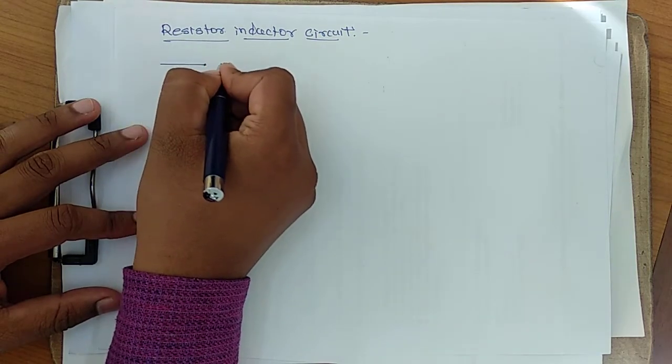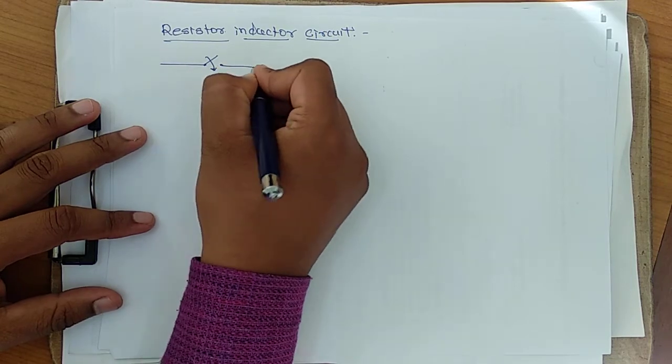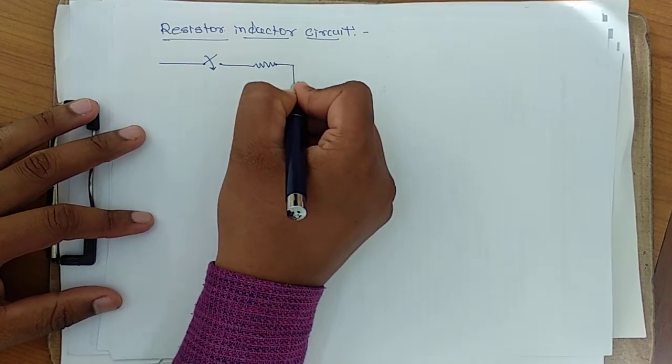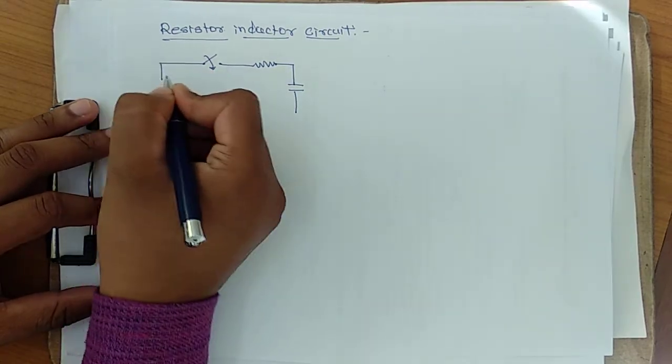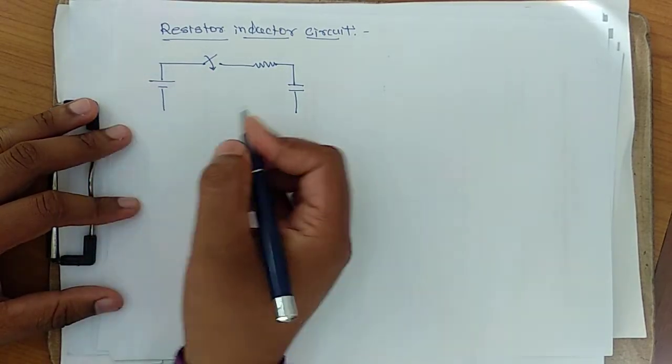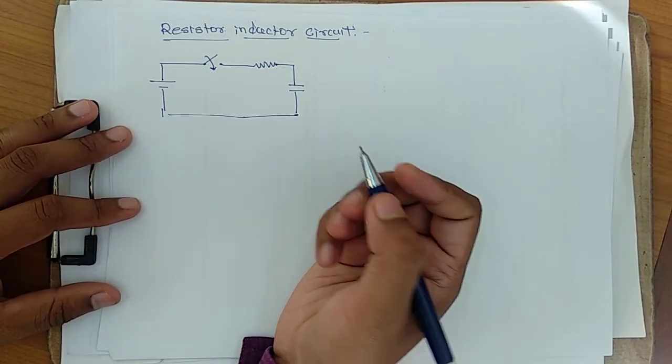There will be a switch. So this is the switch and this is the resistance. There will be a capacitor. There will be a voltage source and this is the complete circuit.